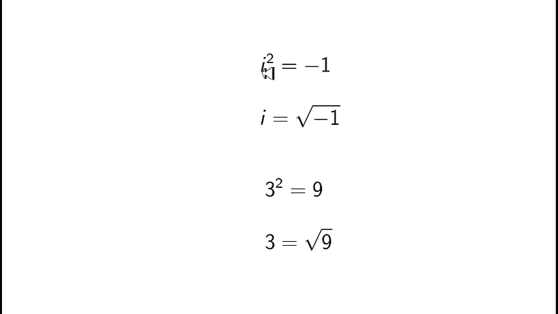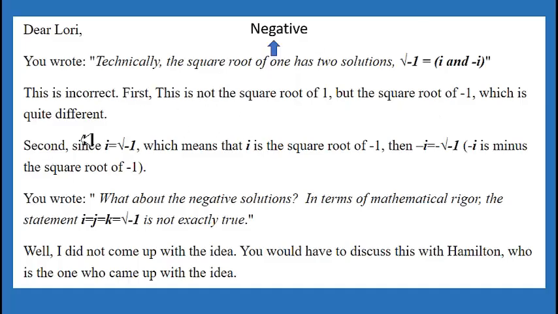So why would we say that i squared equals -1, therefore i is equal to the square root of negative 1? This is why I have a problem with that statement right here. This person is trying to say since i is equal to the square root of negative 1, which is technically not true.